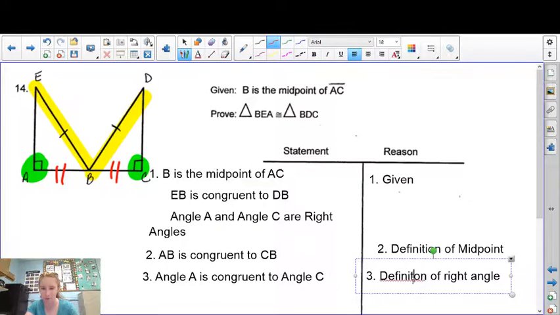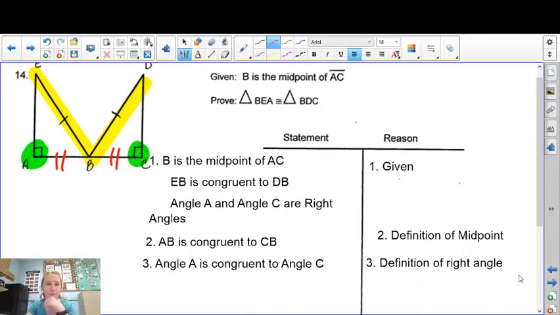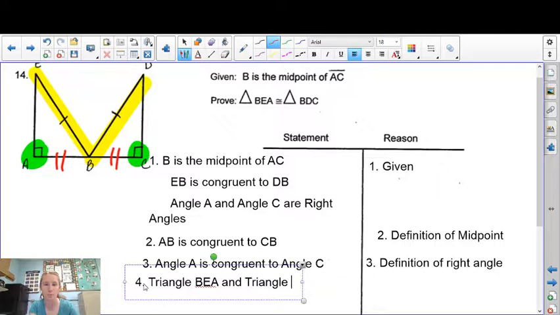And then again, since I have a right angle and the right angles are congruent, I can say that I have right triangles. So triangle BEA and triangle BDC are right triangles.